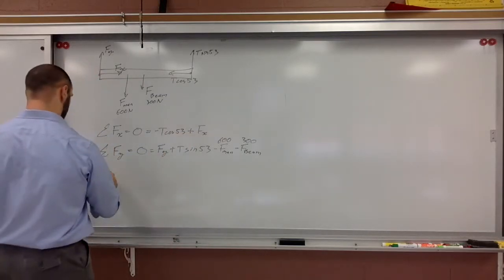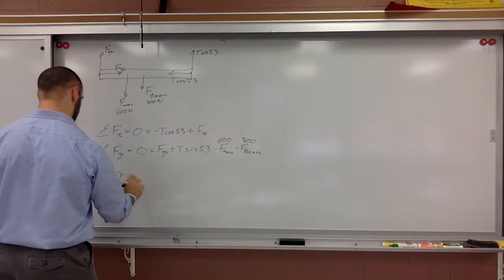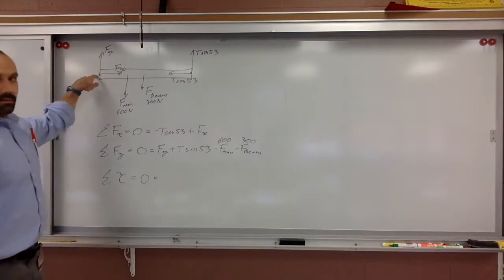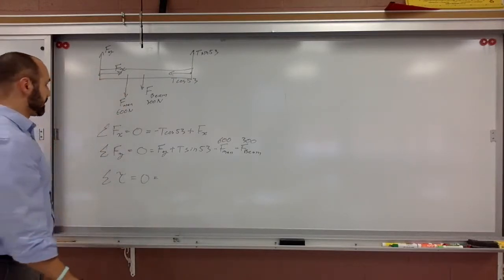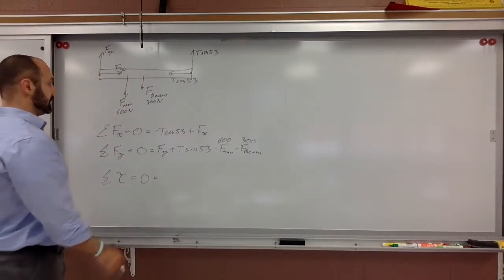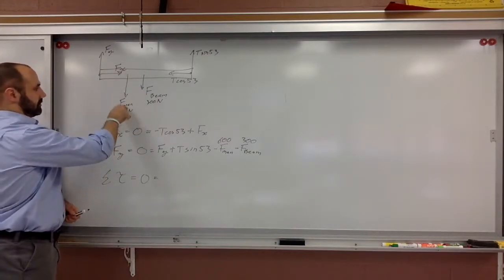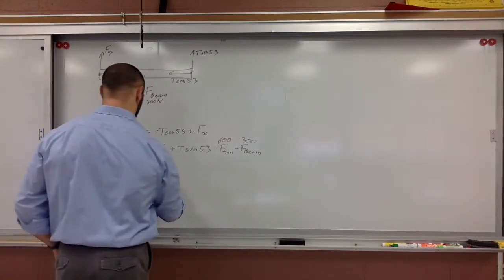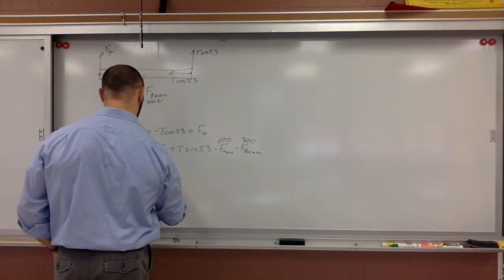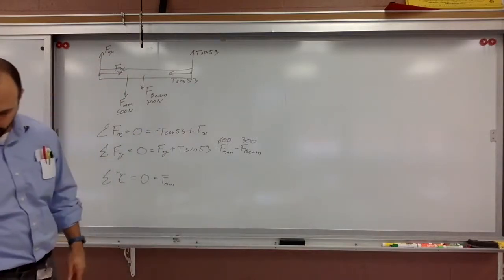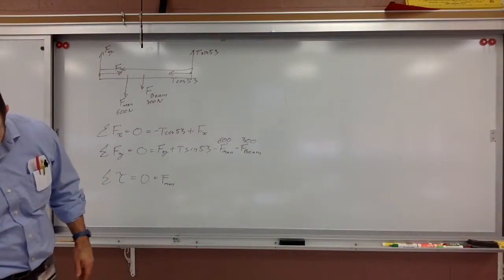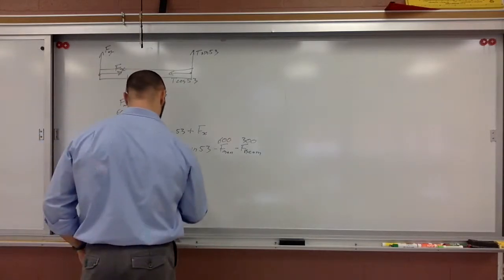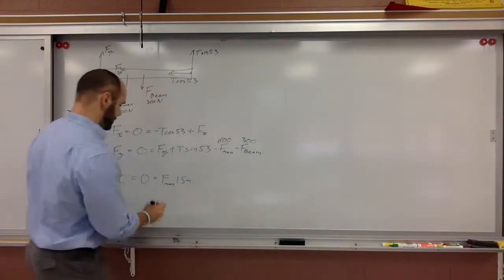But now I set up the torque equation. Net torque is 0. I will take this point as my axis of rotation. If I take this point as the axis of rotation, then let's look at this one first. R cross F is into the board, so this is negative. So F man, and his distance is 1.5 meters from the edge.